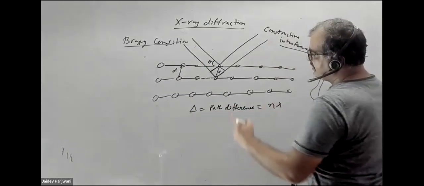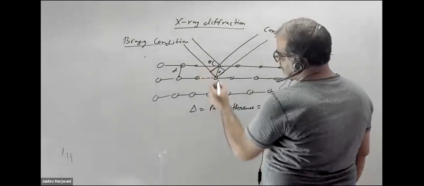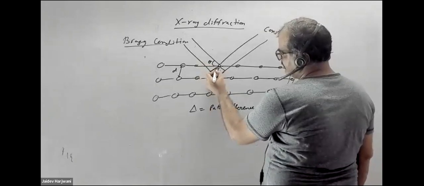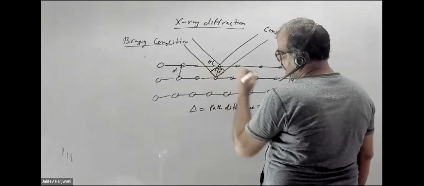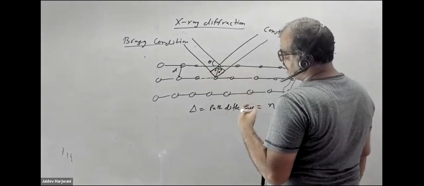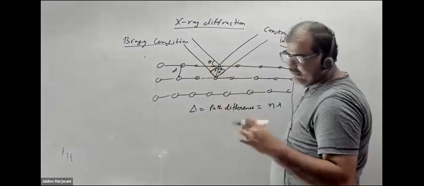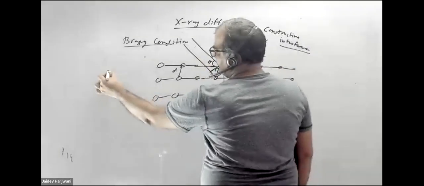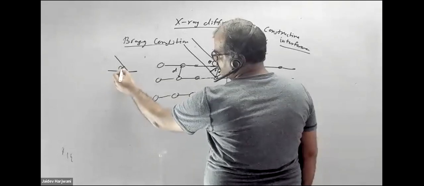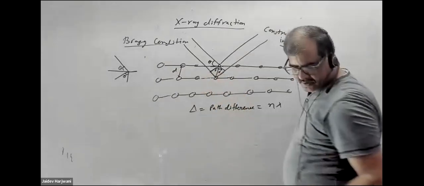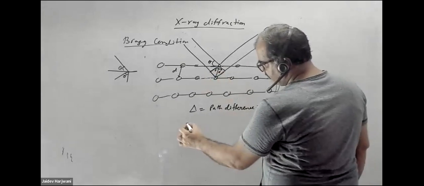Now here this angle is theta, so this angle will also be theta. कैसे भी दो लाइन में जो एंगल होता है वो एंगल उनकी परपेंडिकुलर लाइंस में भी होता है. ओके, सपोज दिस इज माय लाइन, सो दिस इज माय एंगल थीटा. 90 माइनस थीटा. ओके, सो इसका परपेंडिकुलर ये है, इसका परपेंडिकुलर ये है, तो जो एंगल इन दो लाइंस में है वो इन दोनों में भी होगा. So this is also theta, this is also theta. Now the path difference is 2d sin theta.